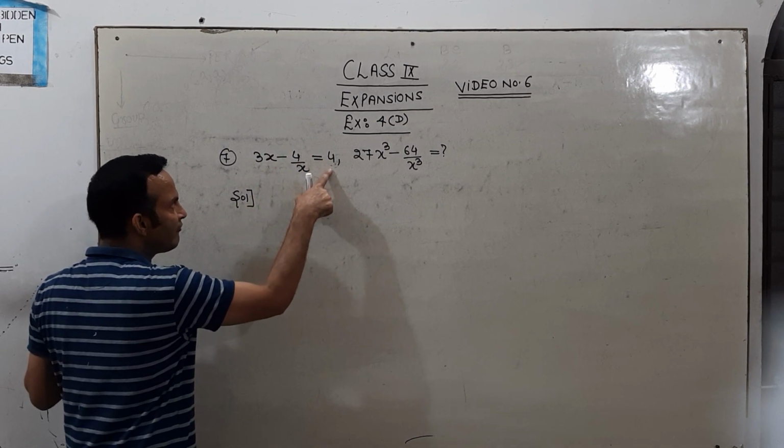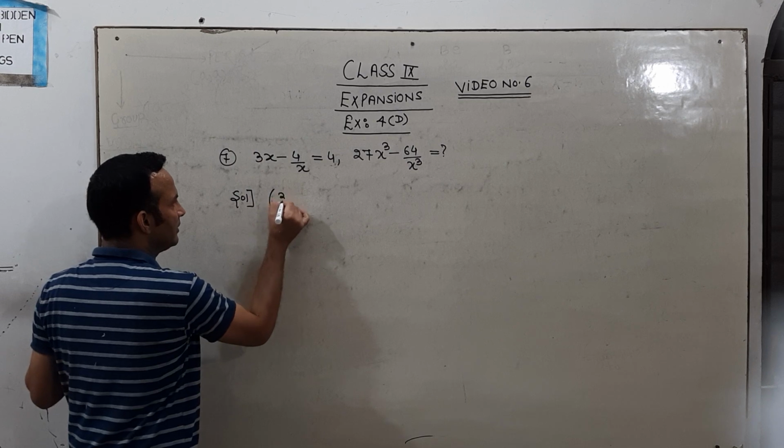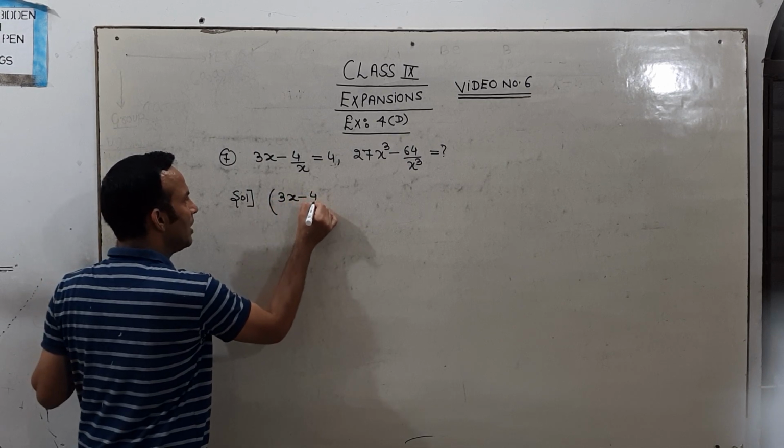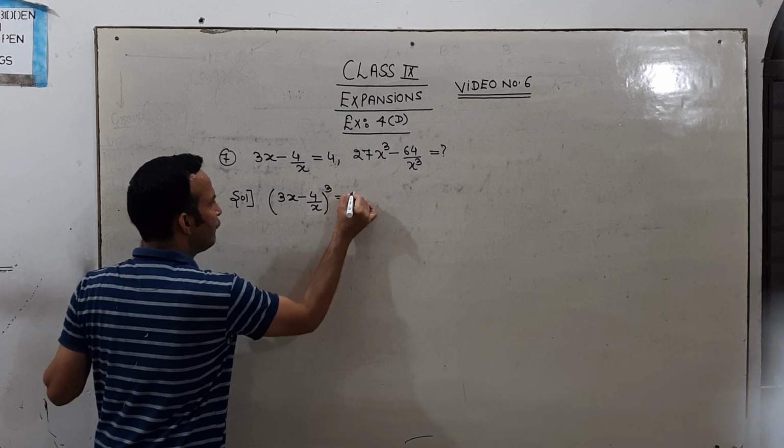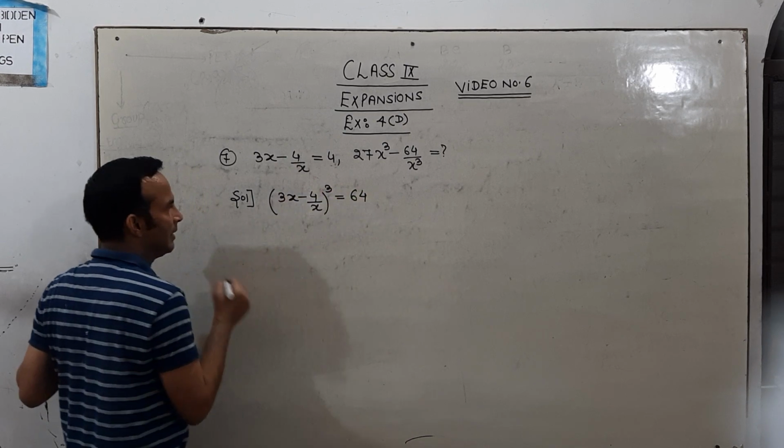Find cube of both sides. 3x minus 4 upon x whole cube. Cube of 4 is 64.